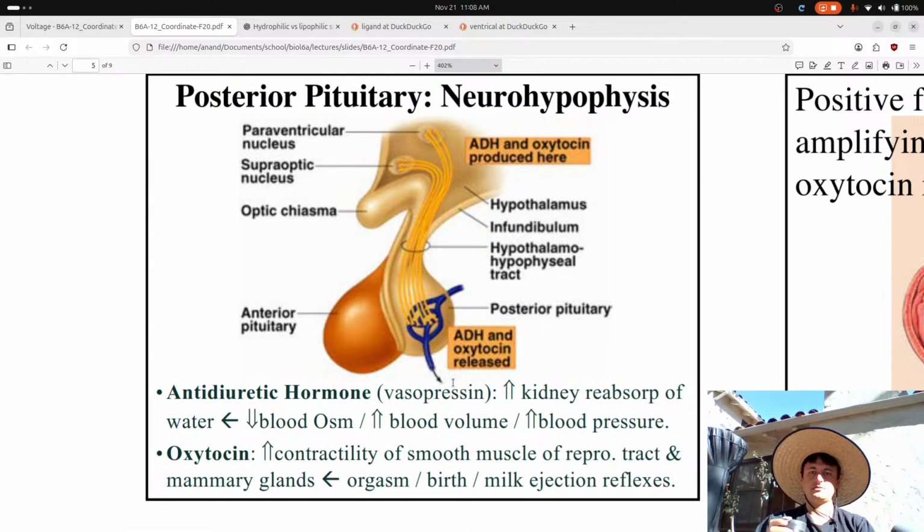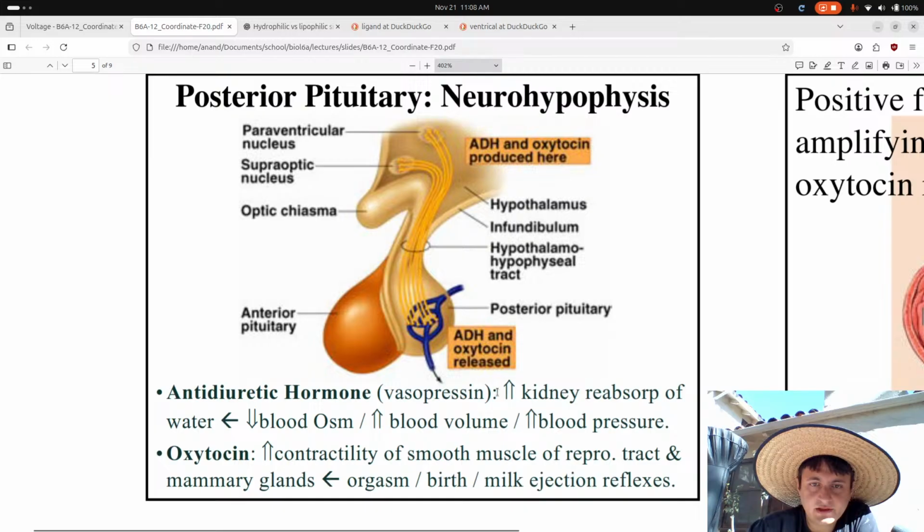ADH. Okay, let's just figure out this chain of logic.